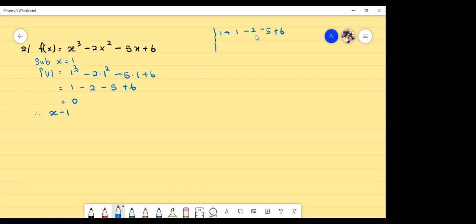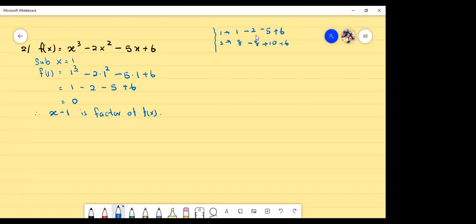Therefore, x minus 1 is a factor of f(x).